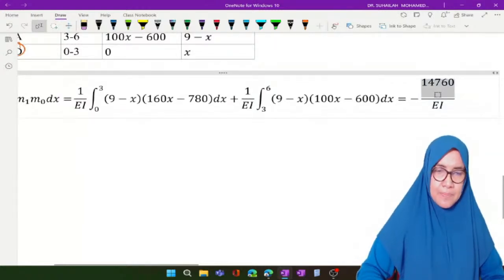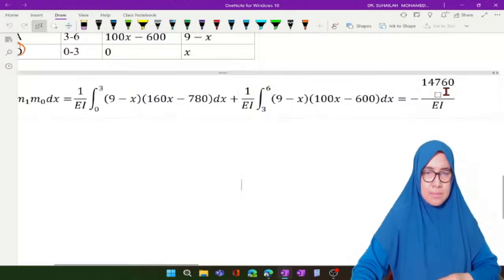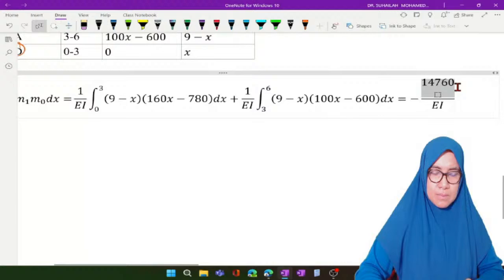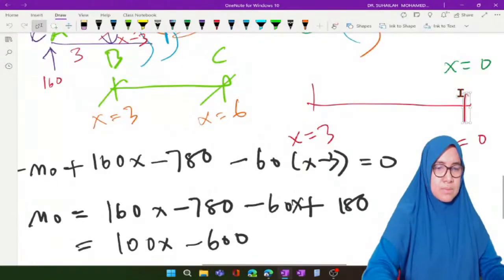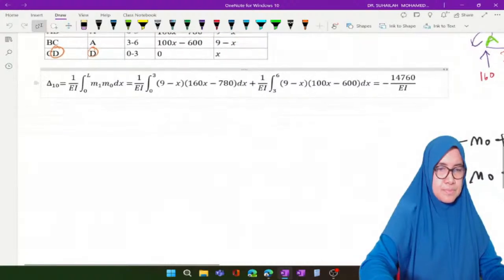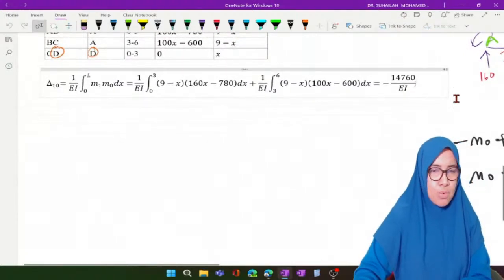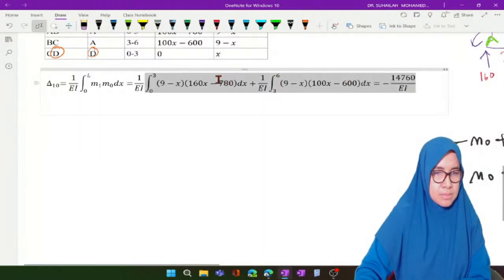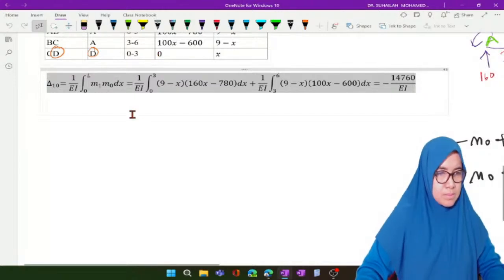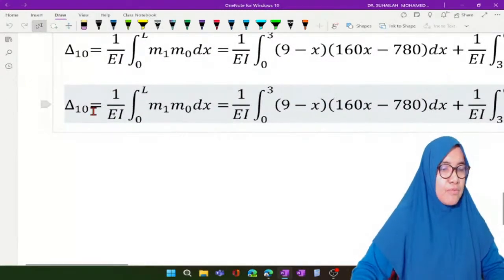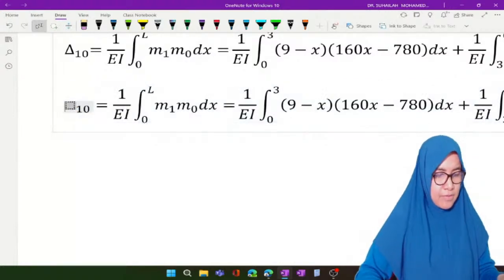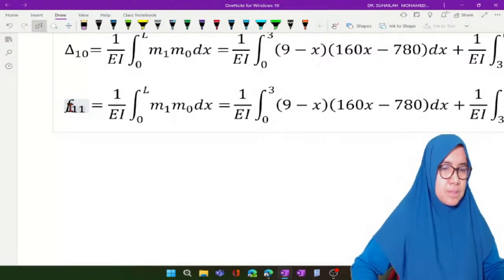Now please calculate F11. It is M1 squared.